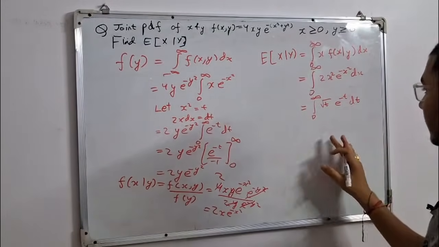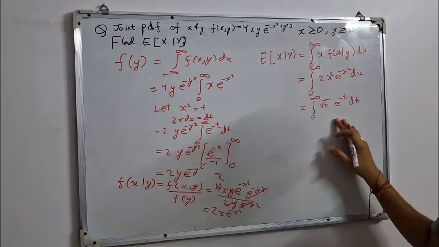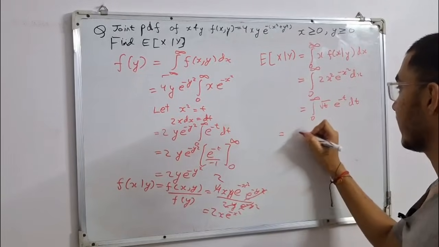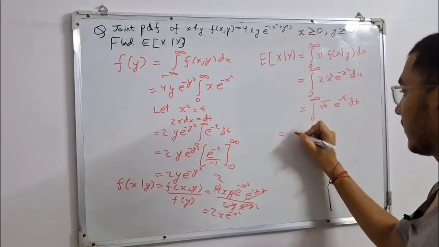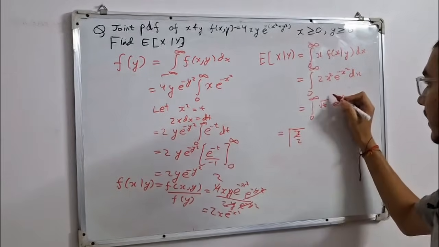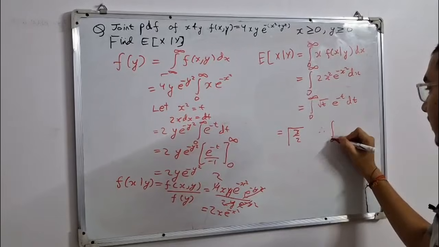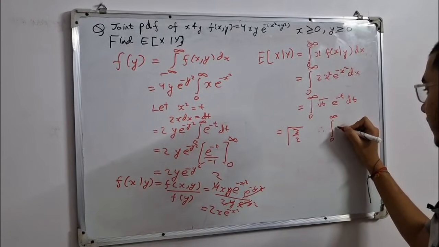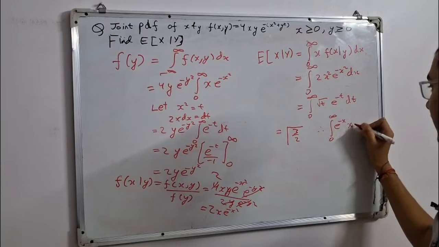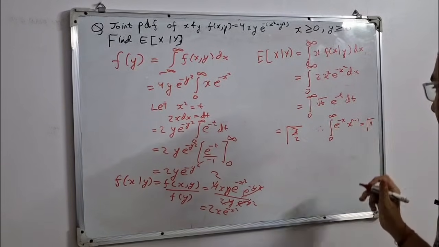dt. Now this looks tough to solve, but this can be solved easily using the gamma function. As you know, by the formula of the gamma function, it will be gamma 3 by 2. I'll write the formula: integration 0 to infinity e to the power minus x, x to the power n minus 1 dx equal to gamma n.